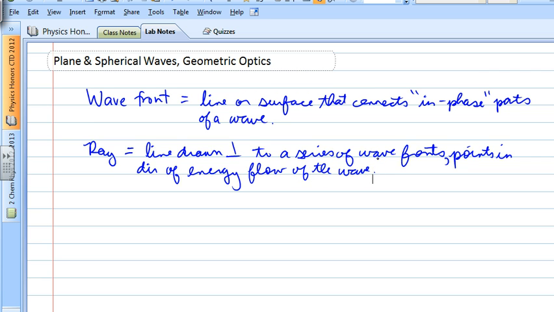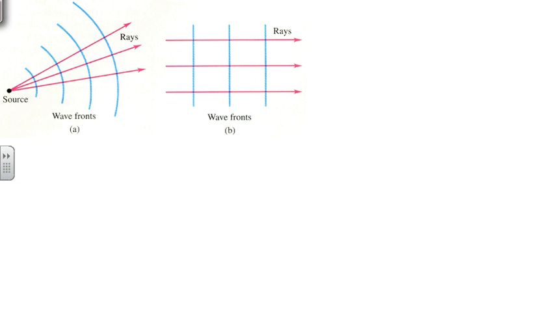So if we go back to this picture, the rays indicate which way the wave is traveling, and for light we're talking about the ray of light. These are two very important terms, wave fronts and rays.